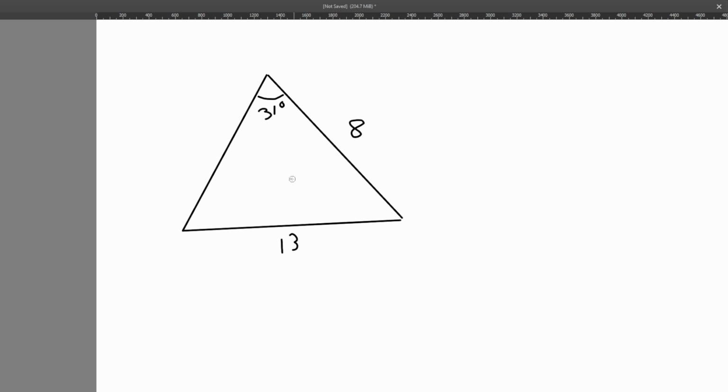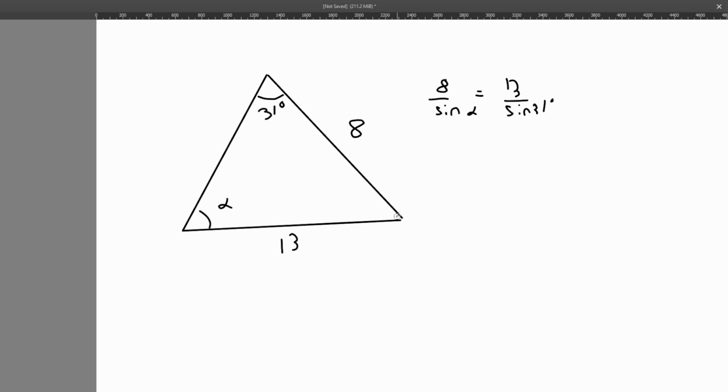Now, in order to solve this triangle, we can do it by firstly calling this angle alpha, and using the law of sines, we know that 8 over the sine of alpha is going to be equal to 13 over the sine of 31. And similarly, if we find alpha, we can also find beta, which is going to be this angle right here.